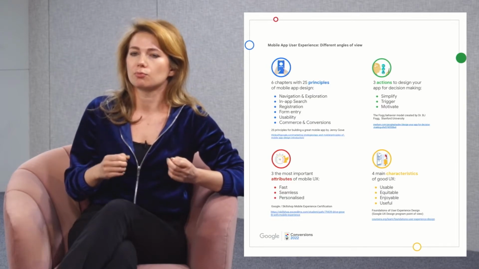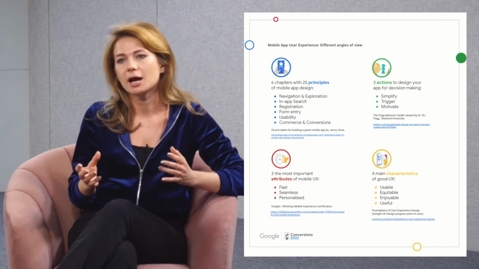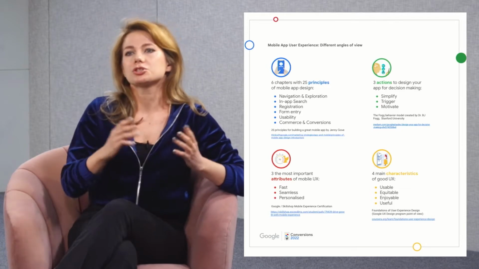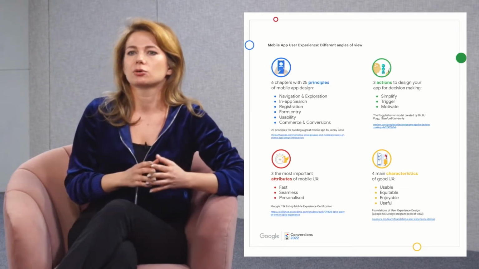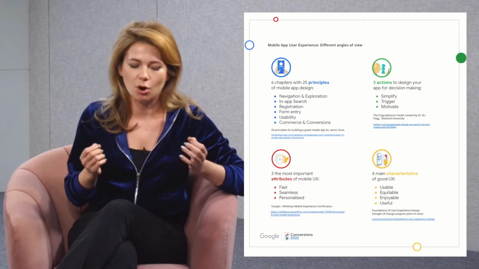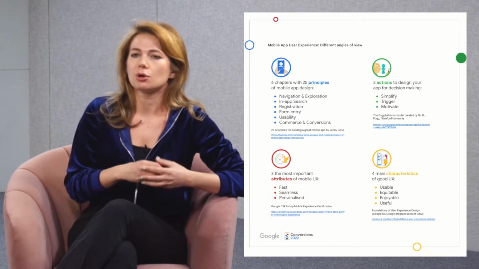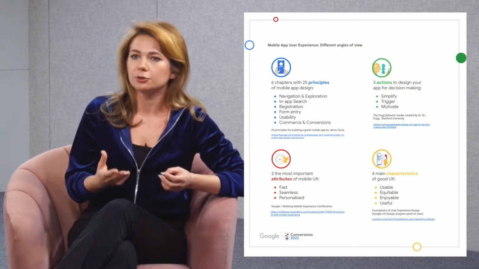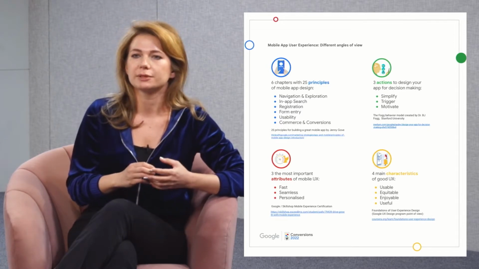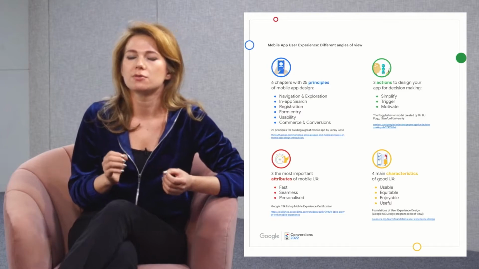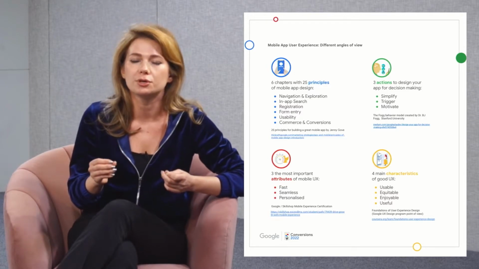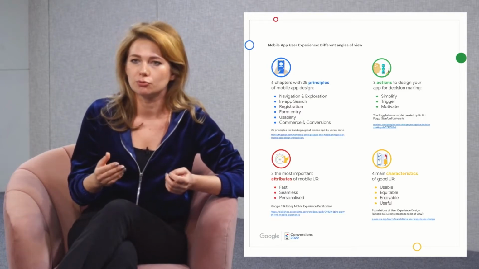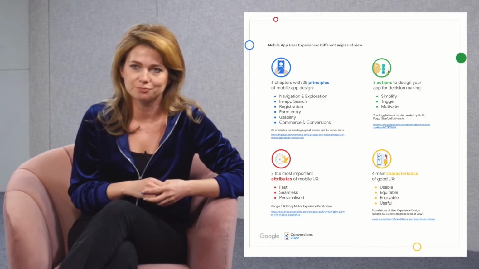It is relevant for both mobile websites and apps. And then the foundations of user experience design by Google is just the good practices of UX. You can use all these 4 frameworks, and you can find these materials online or in the follow-up materials. But I'm going to share with you today the key things that you need to know from here that will help you improve your in-app conversions.